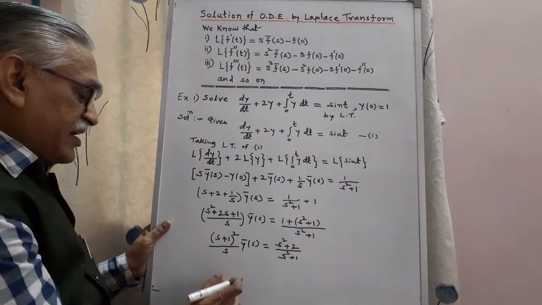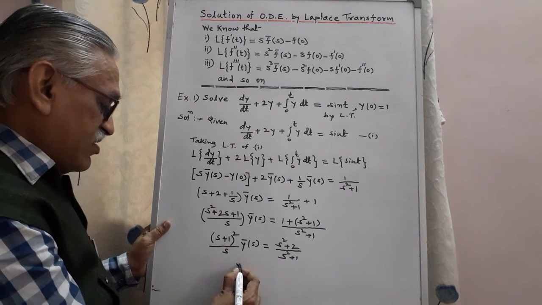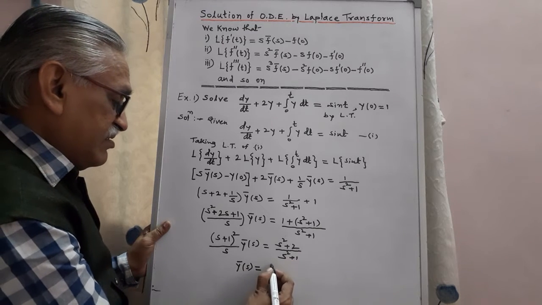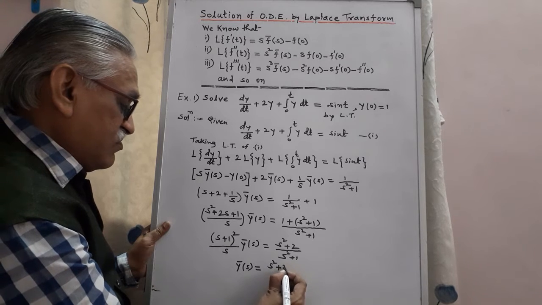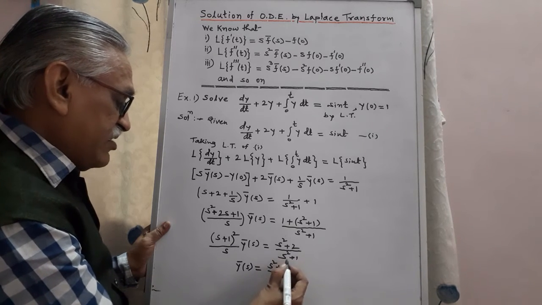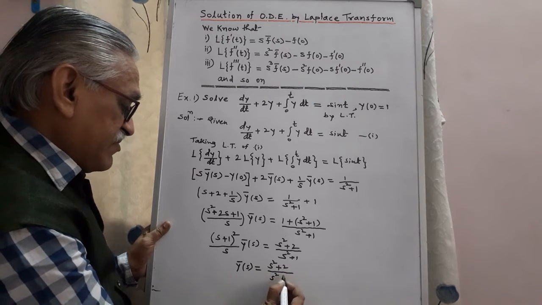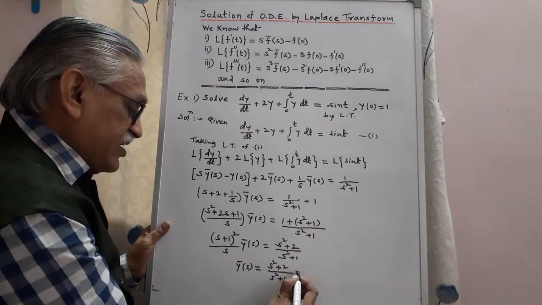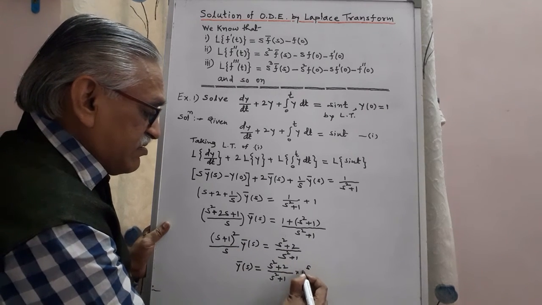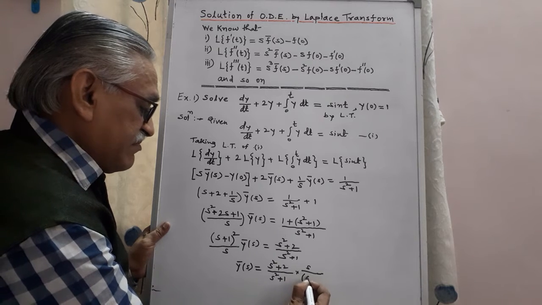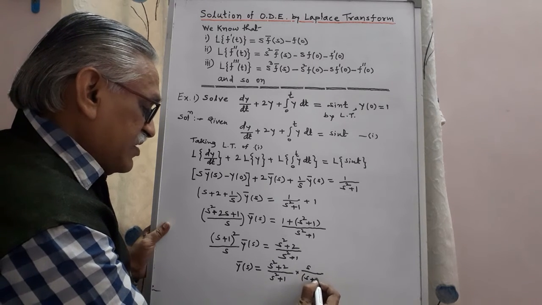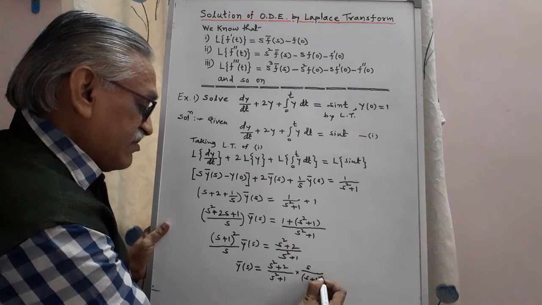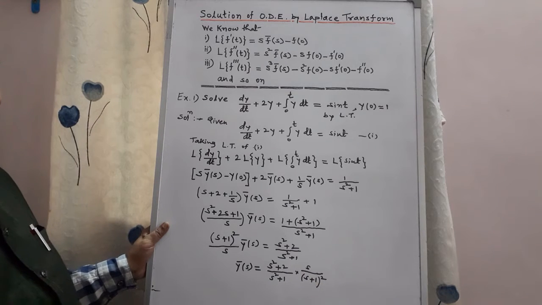Transferring this to the right hand side, we get y bar of s as s square plus 2 divided by s square plus 1. When we transfer this term to the right hand side, it becomes s divided by s plus 1 whole square.